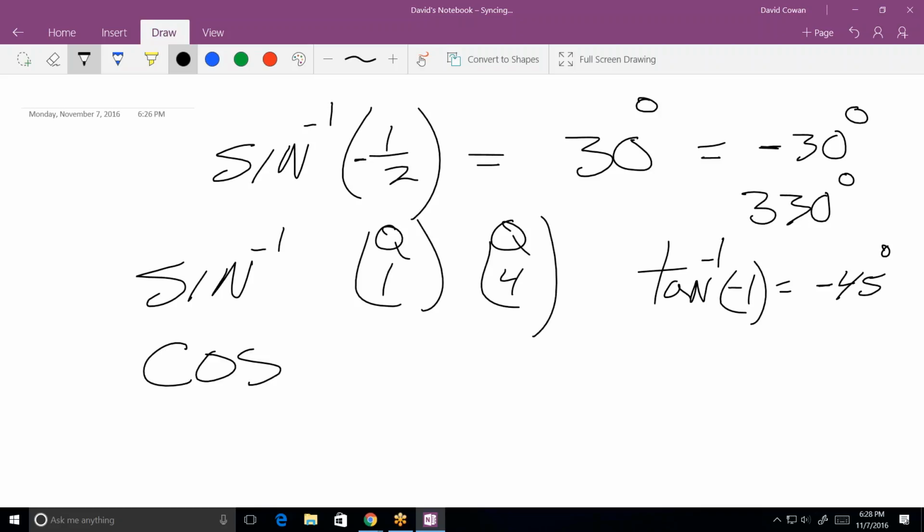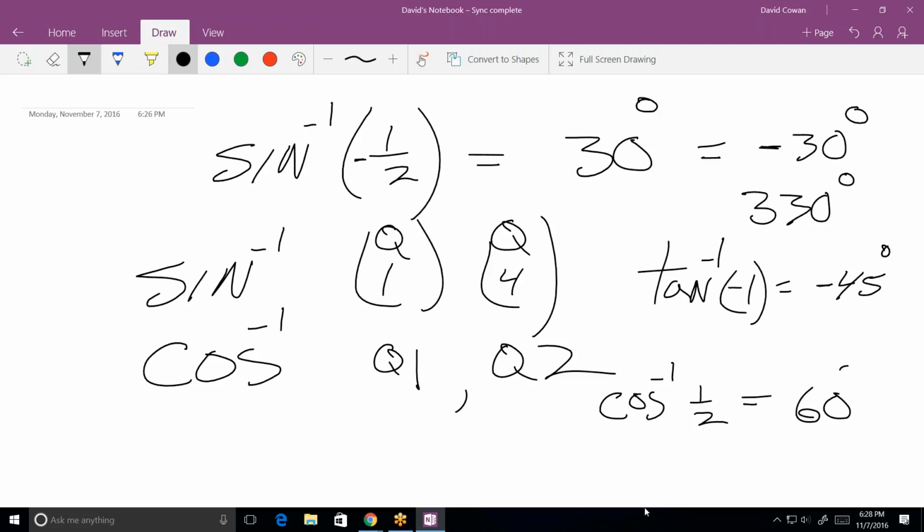Cosine is different. Cosine, positives go in quadrant 1, negatives go in quadrant 2. Okay. So that's how inverse cosine differs from inverse sine. And here's what I mean by that. If I said, what's the inverse cosine of 1/2, that's positive 60 degrees.